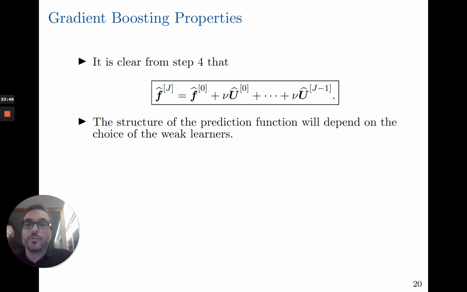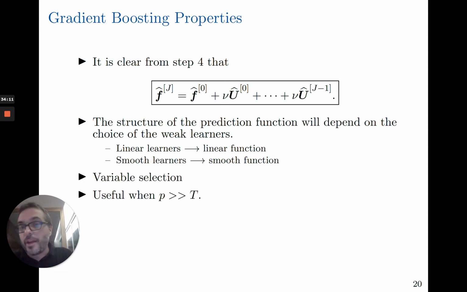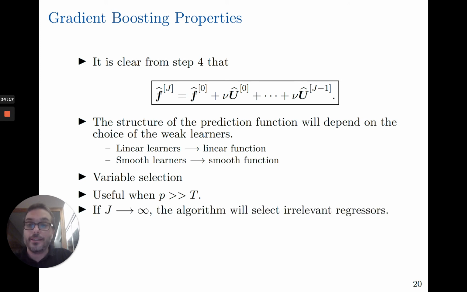The structure of the prediction function will depend on the choice of the weak learners, because these u hats will be the fit of the weak learner. If we have linear learners, we're going to have a linear function. If we have smooth learners, we are going to have a smooth function. It does variable selection, and it's useful when p is much larger than t.